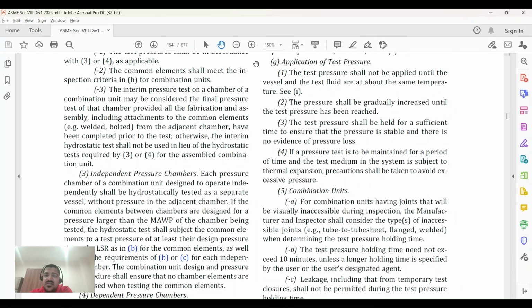Test pressure shall be held for sufficient time to ensure that the pressure is stable and there is no evidence of pressure loss.